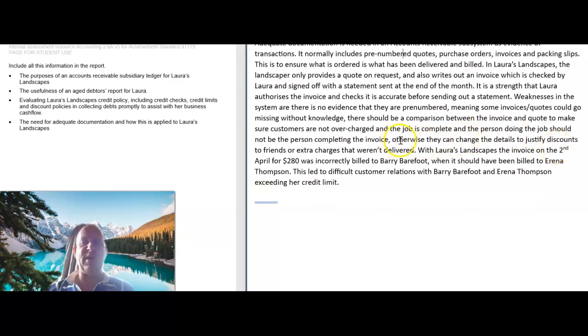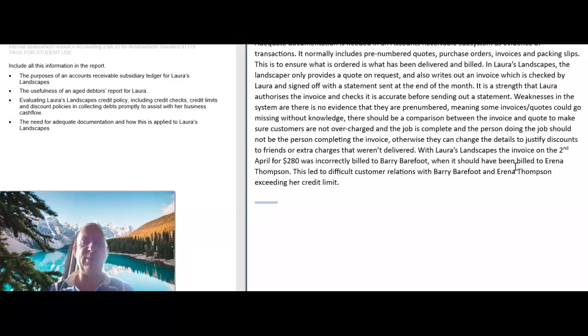What else have we got? The person who is doing the invoice is also the person who's doing the job, and that separation of duties, we're looking for that to happen. That will make sure that they're not giving discounts to friends, which we've put in there, also that they're not being overcharged for the job. And what we've got to do also is bring in that number there.